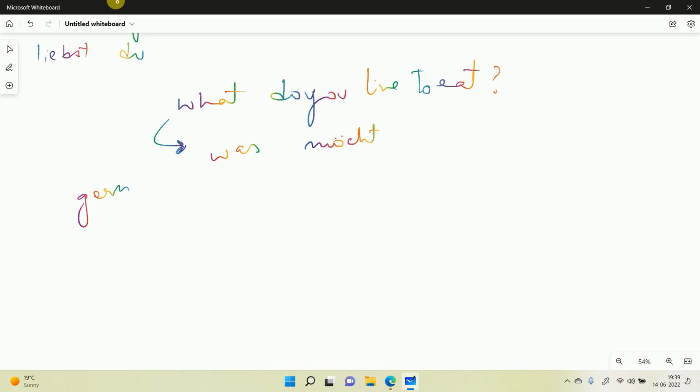Was möchtest du essen? Ich möchte... So if you want to make it more polite, can we use wer also instead of it? Wer simply means who. Actually, here we are talking about some food material.